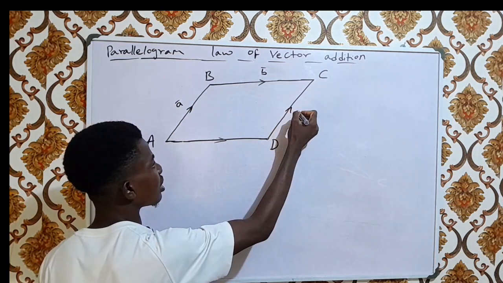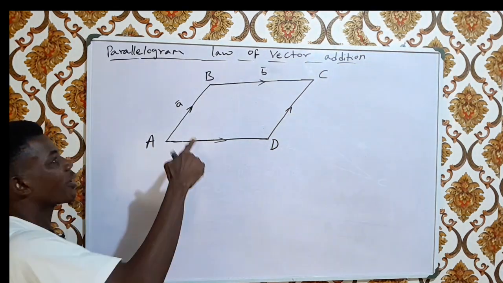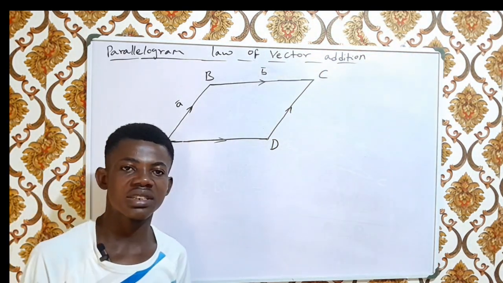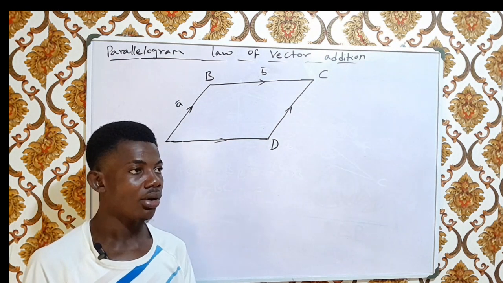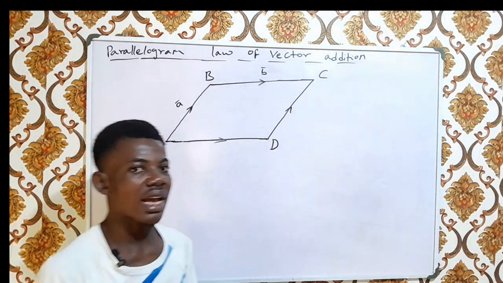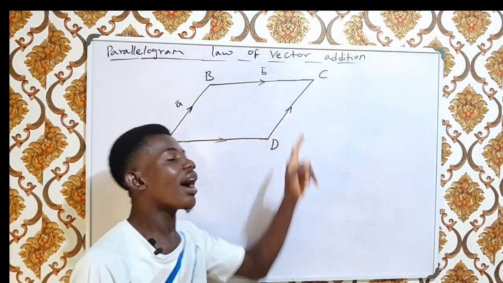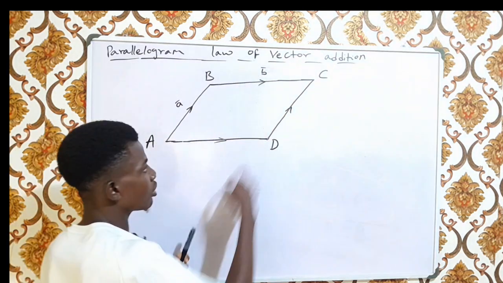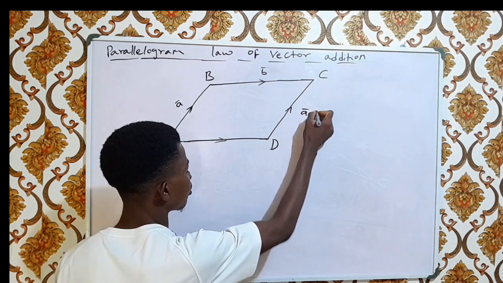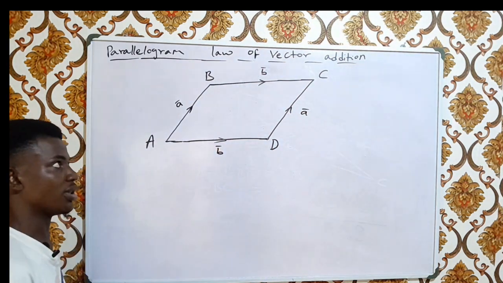Now, remember the properties of a parallelogram: opposite sides are equal and parallel. If you watch here, the senses are moving in the same direction, which means here is equal to this place. Here is also vector a, and here is also vector b.